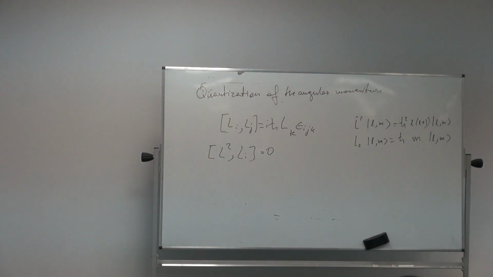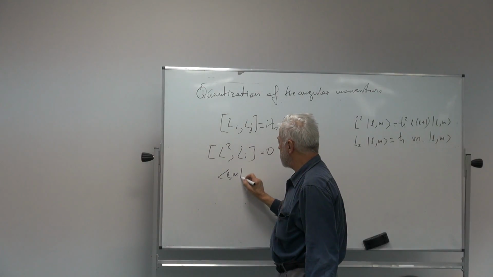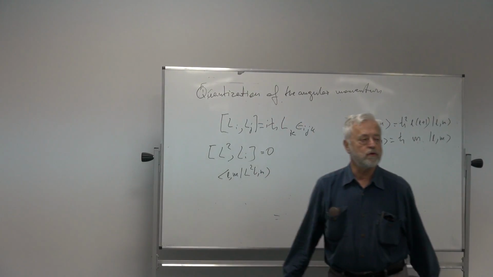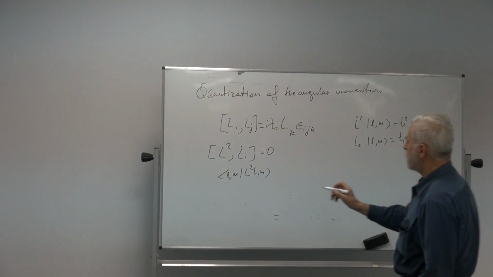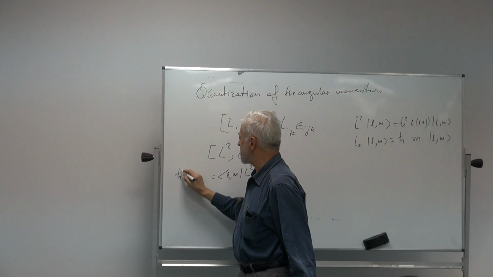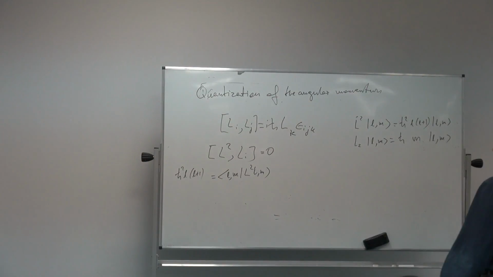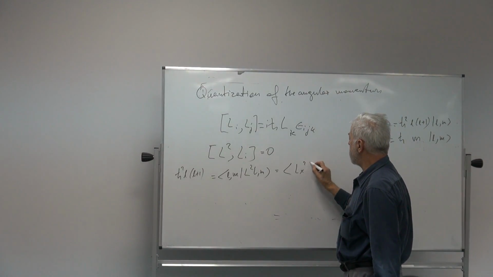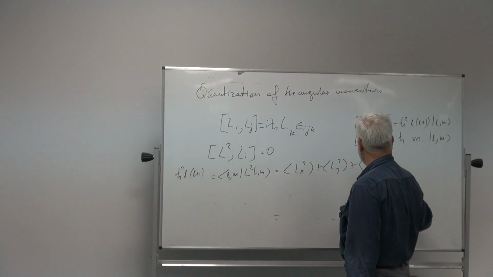Okay. So imagine that I take my Lm state and compute the mean value of L squared. Well, this, on one hand, is h bar squared L times L plus 1. But on the other hand, I can write it as Lx squared plus Ly squared plus Lz squared.